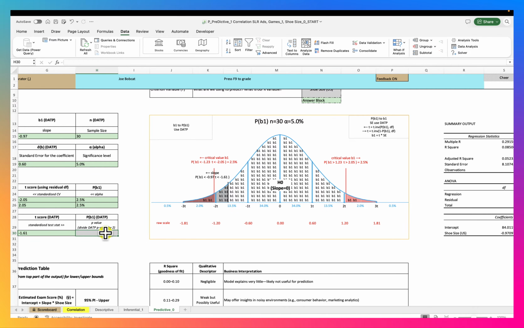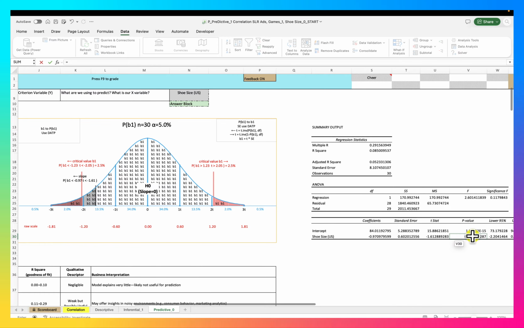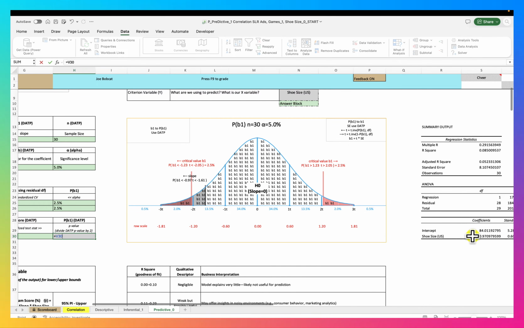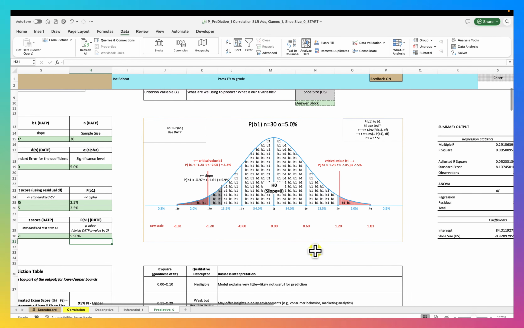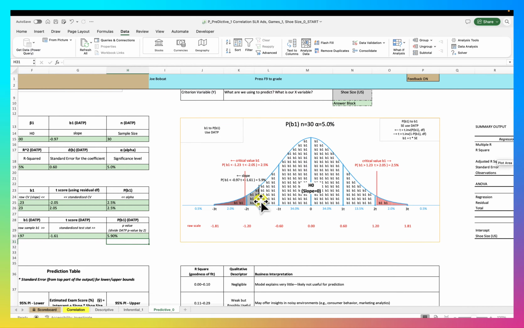And the p-value is also given over here. It's this guy, but we're going to divide it by 2. So we say equals that guy, but then divide it by 2 because it was a two-tail test. And this isn't taking account of that. Okay. So there we are. And as you can see, we do not fall in the rejection region.